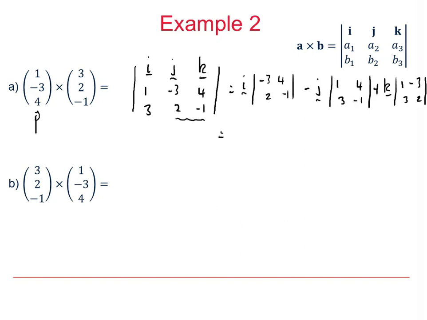So we now can calculate these 2 by 2 determinants. The first one is 3 minus 8, so that's negative 5, so we get negative 5i. The second one, negative 1 minus 12, so negative 13, but remember it's minus of that, so plus 13j. And finally, 2 minus negative 9, which is 11, so plus 11k.